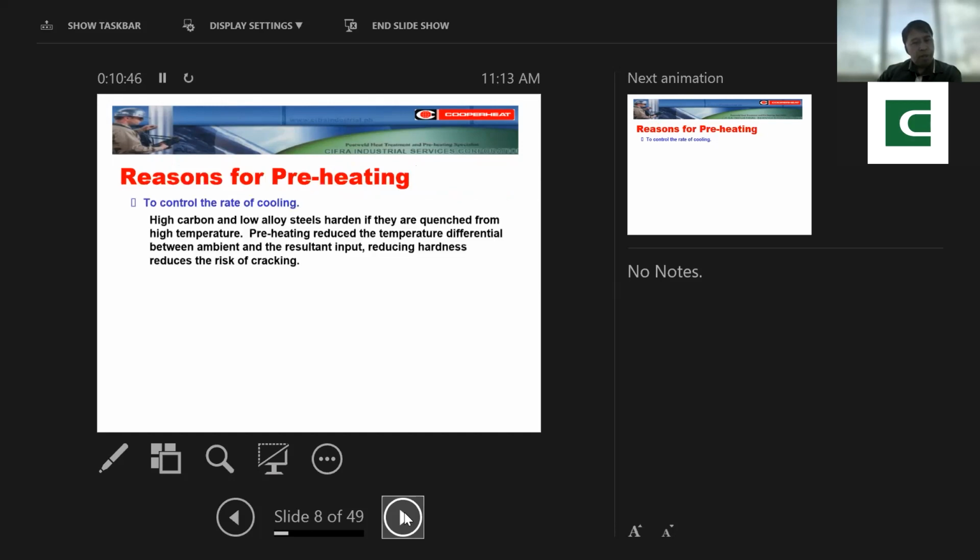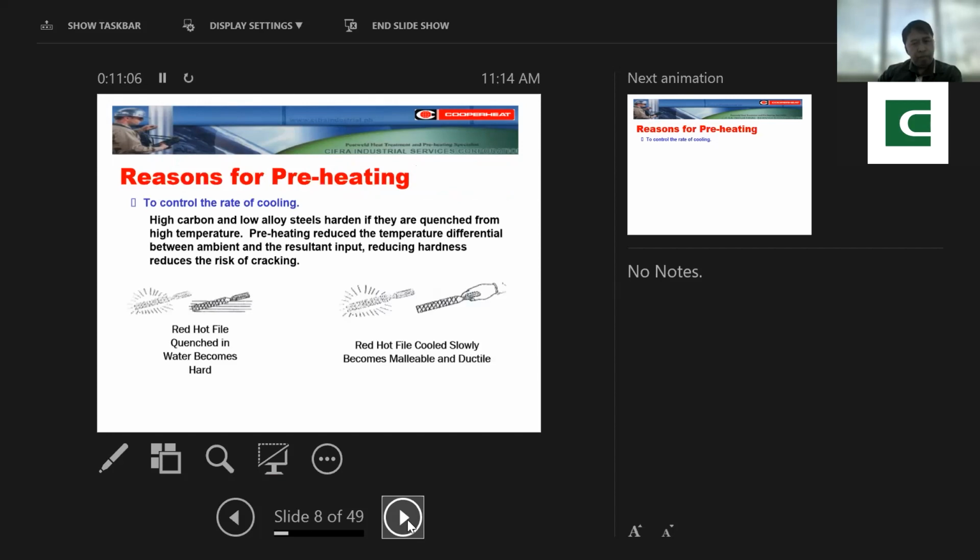So the reasons why we do preheating, especially for high carbon steel and low alloy steel, is to avoid the risk of cracking and reduce hardness of your material. So we don't need a material which is very hard like a file. So we need to slow down the cooling in order for your material to be malleable and ductile.